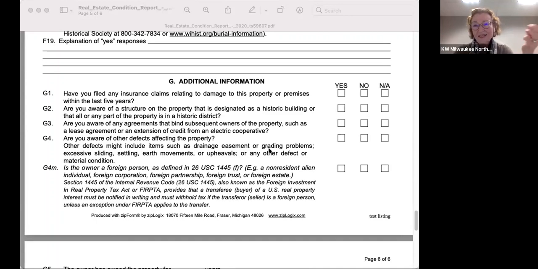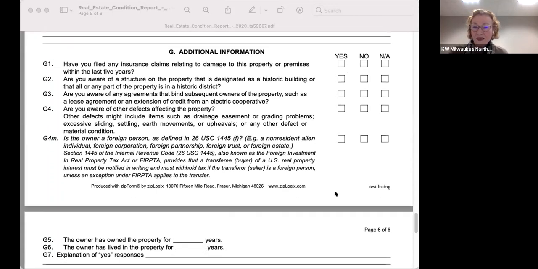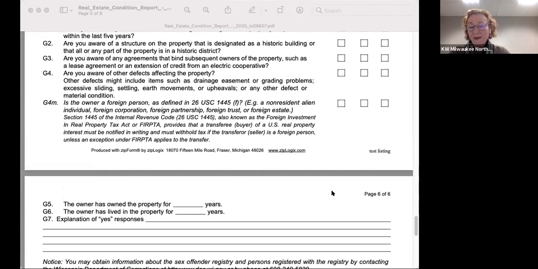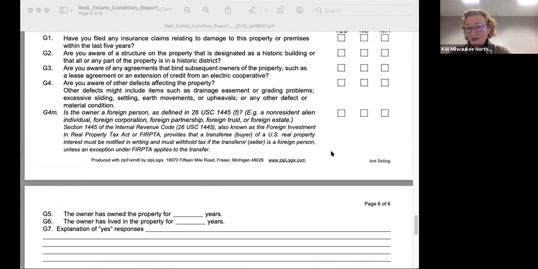Anytime I would see a condition report that was just a slash of no and then the signature, it gave me a red flag, and it made me more diligent to get a better inspection on that property, because obviously the seller was not going to disclose. And hopefully we didn't have to go back to the seller.